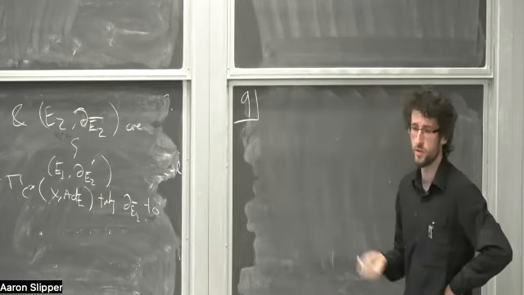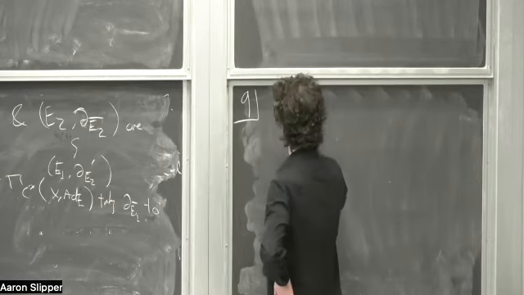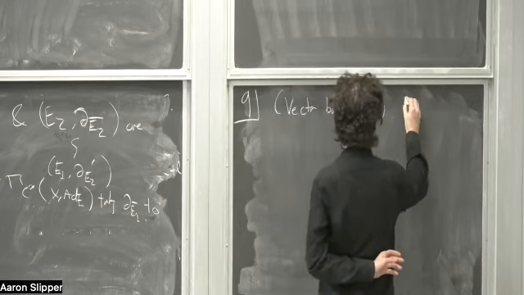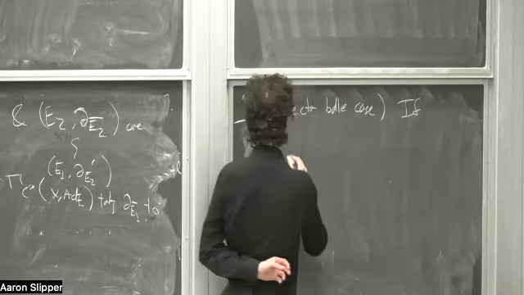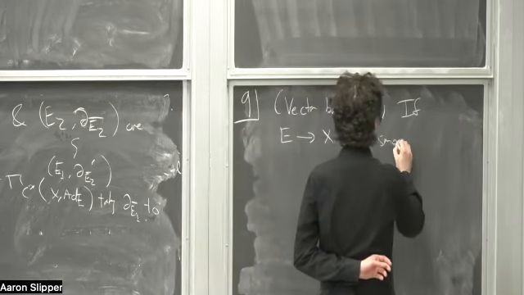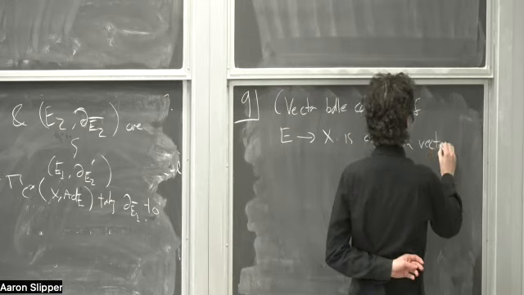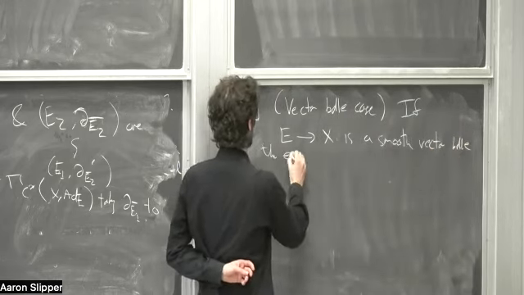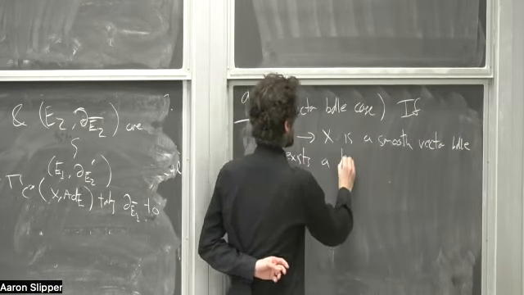So I'm just going to do the vector bundle case. So firstly, if E to X is a smooth vector bundle, there exists a Hermitian form.